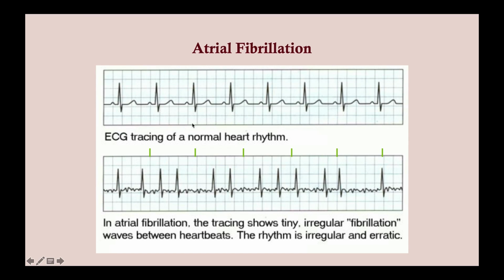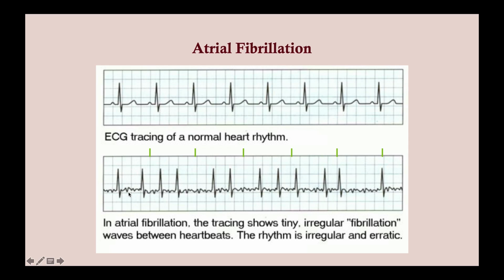Just to compare, here you have a normal EKG. And then with atrial fibrillation, you can see you've lost your P wave. Now you've also lost your T wave, but the T wave is actually there. It's just obscured. Remember, the T wave is the repolarization of the ventricles. It's just because there's all this erratic activity in the atria that it obscures the T wave.